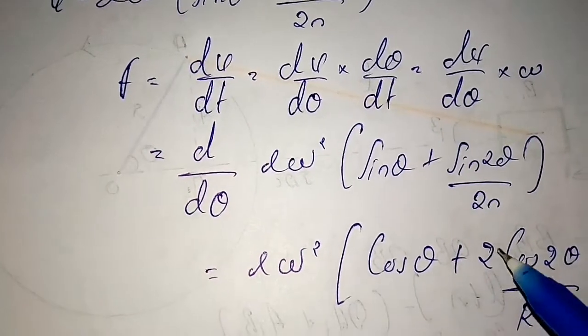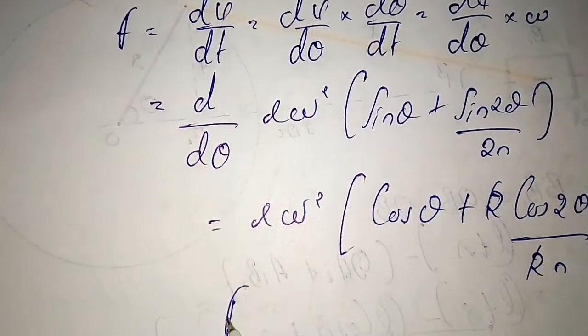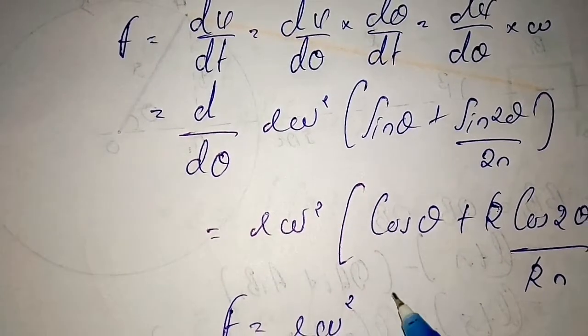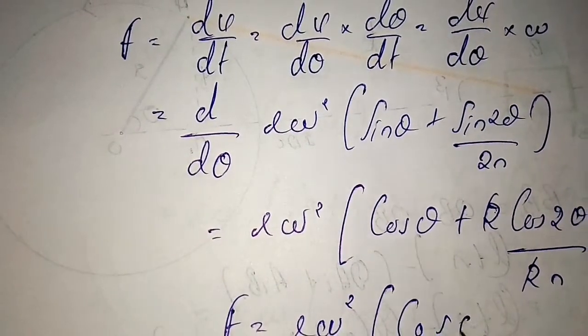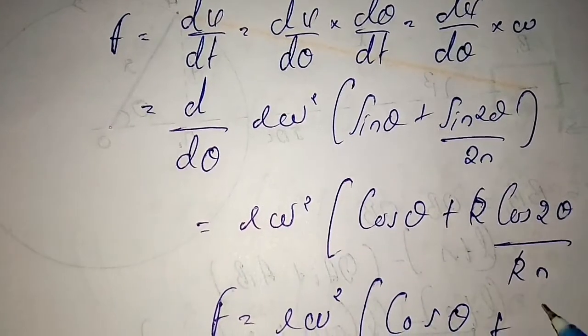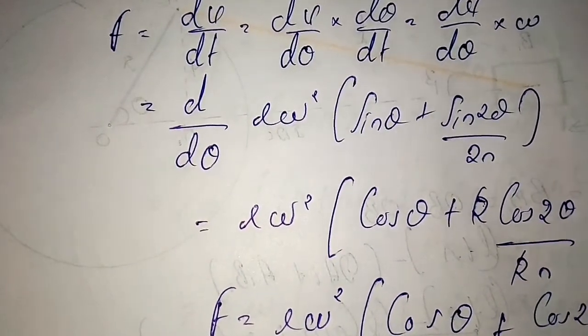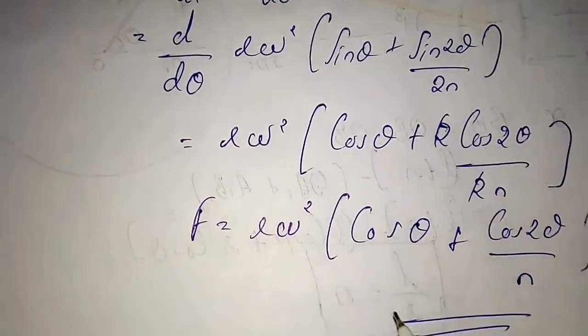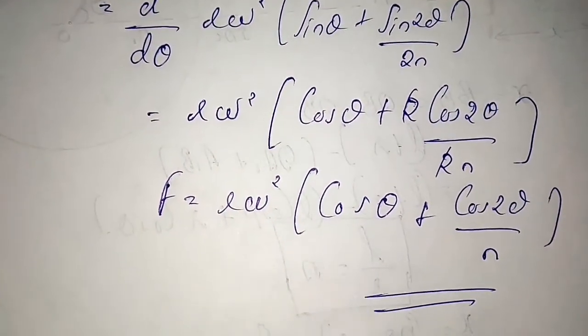So the 2 cancels, and we arrive at the equation of acceleration of the piston, which is r omega square into cos theta plus cos 2 theta by n.